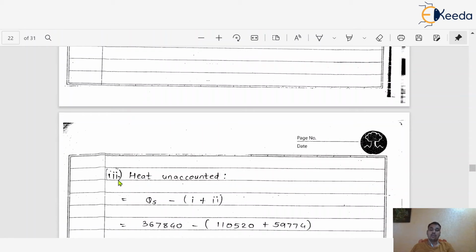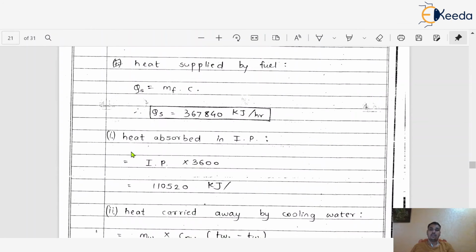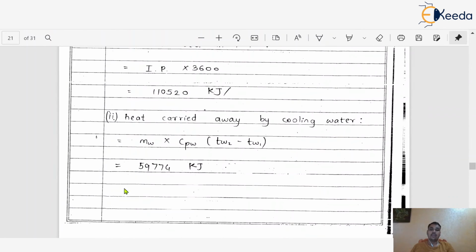Similarly, when we calculate the heat unaccounted, that is total heat supplied minus the summation of 1 plus 2. If we calculated that third point, heat carried away by the exhaust gases, in some problems the exhaust gas data will also be provided. That time we have to calculate that value also.